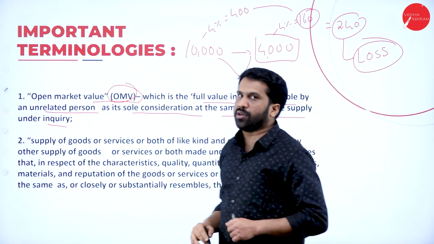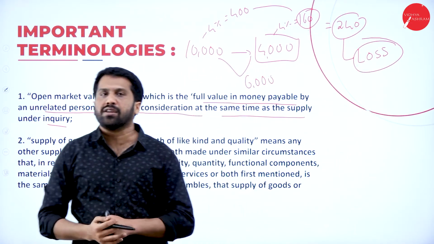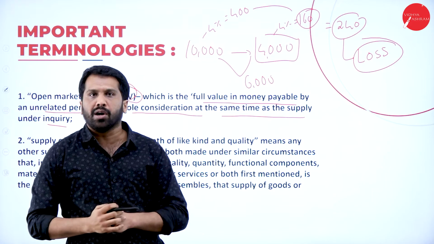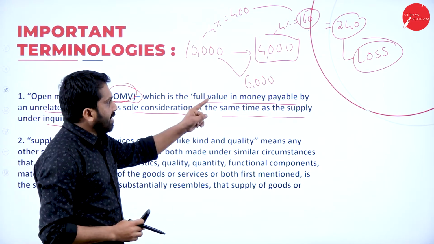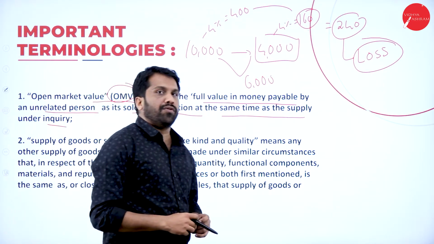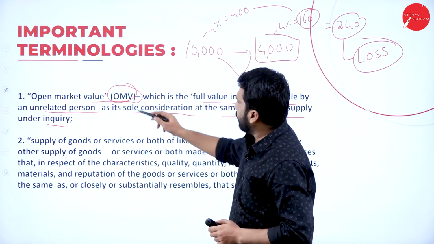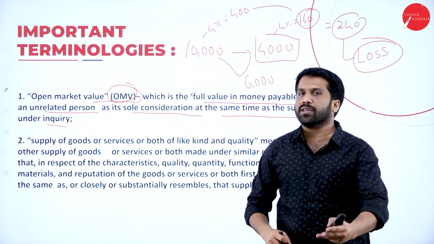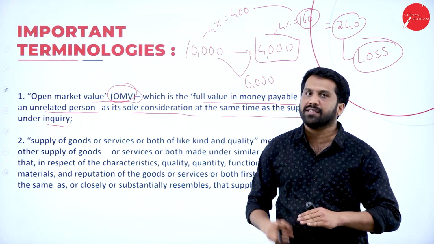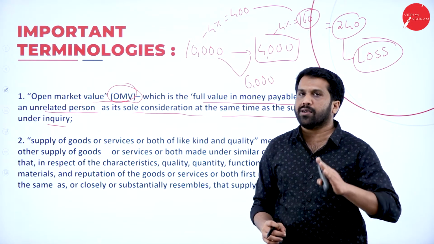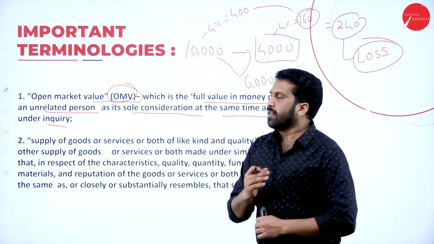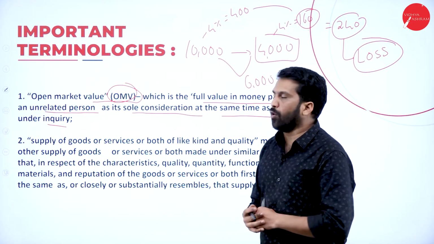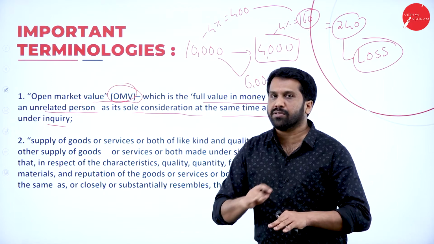So in this case, the government will go for what price? Open market value. Sometimes you may be cheating the government by selling at a lesser price or showing the bill for only 4,000 when you sold for 10,000, then the government will go for open market value to reduce all these problems.